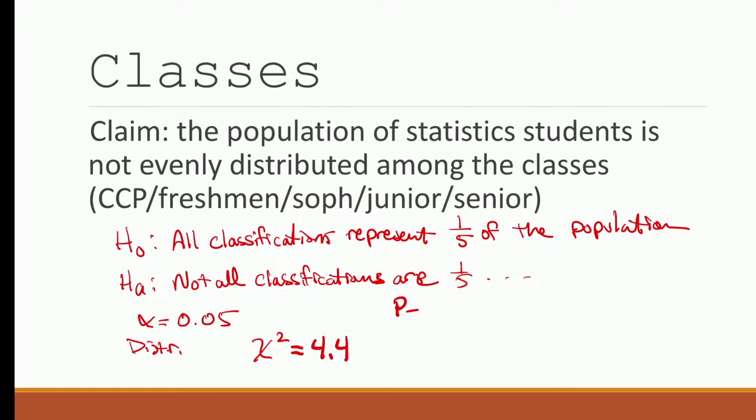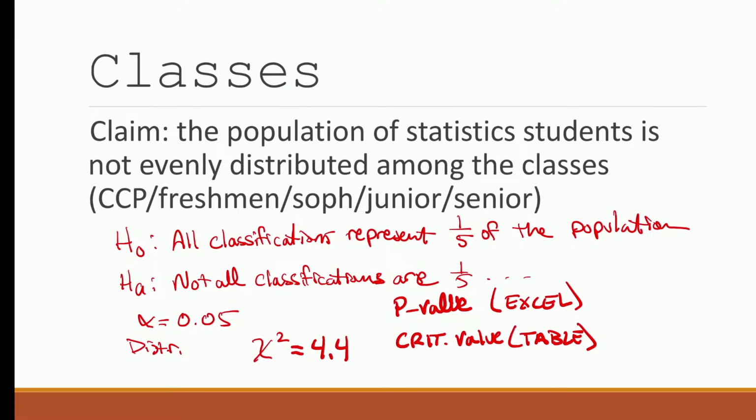Either you're going to compute a p-value, and that we would do on Excel, or you can find the critical value, and this is the table. So I'm not going to do either at this moment. Well, I'm going to cheat. I'm going to pretend to do the critical value.